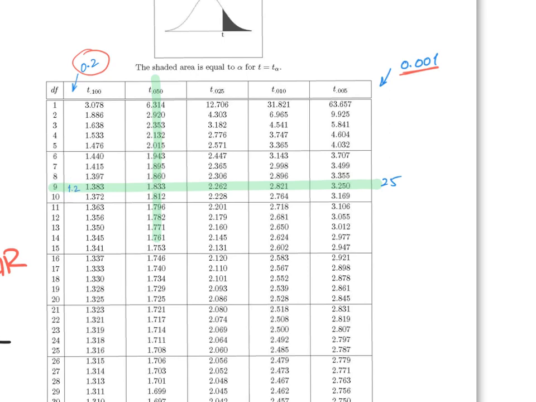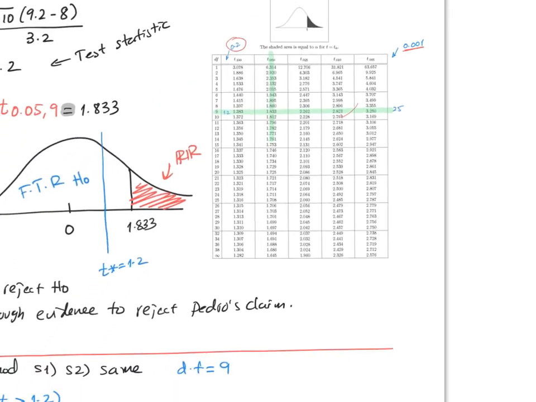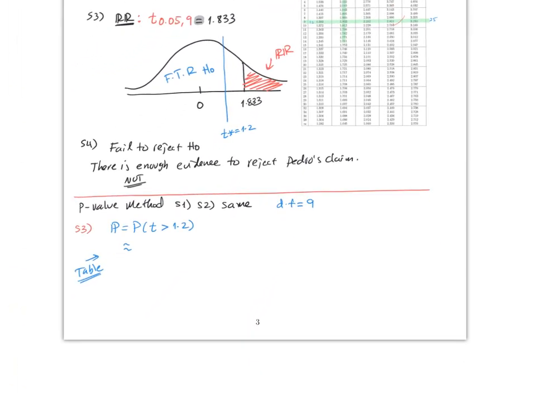So in our case, 1.2 is here, so we're going to go with 0.2. So therefore, this should be around 0.2. That's it. So then for step 4, remember you compare the p-value, which is 0.2, with alpha, which is 0.05.